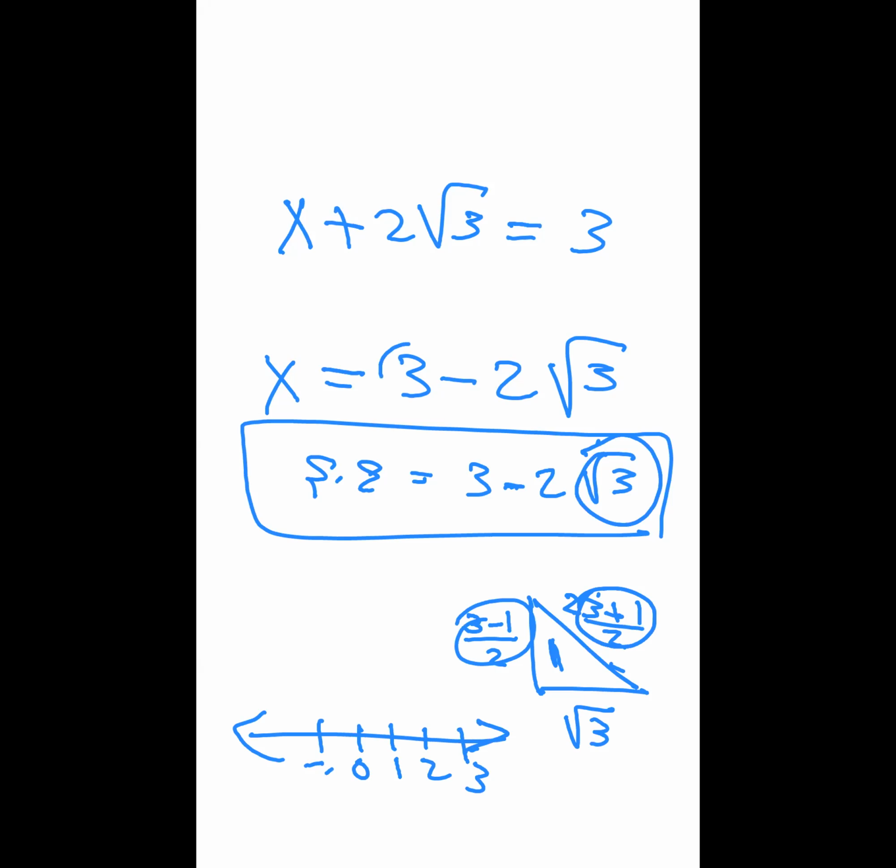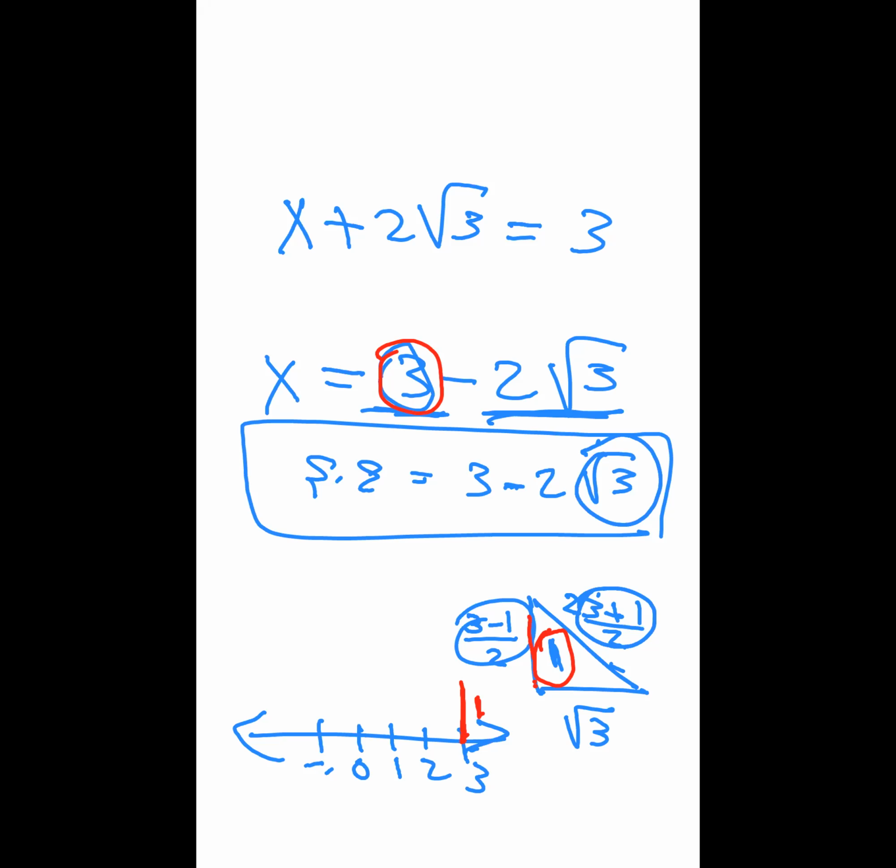Now this one is 3 minus 2 square root of 3. I will fix my compasses here at the point of 3, of course. Then I'm going to draw one perpendicular line with the side height, which is 1 of the triangle. Are we clear till now?